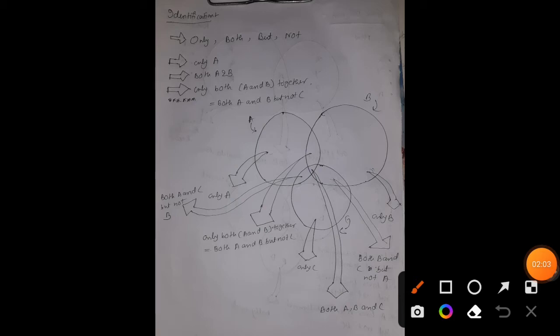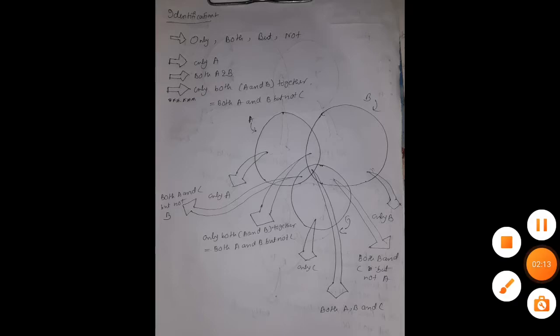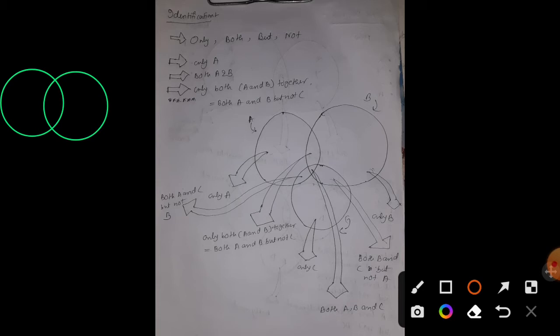So here we are going to learn how we can draw Venn diagrams. First, I want to tell you some important things on Venn diagrams. As I have told you, the diagram is nothing but circles.